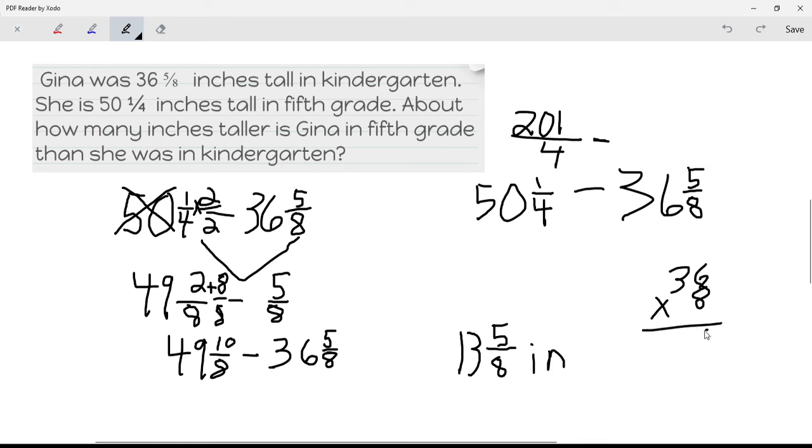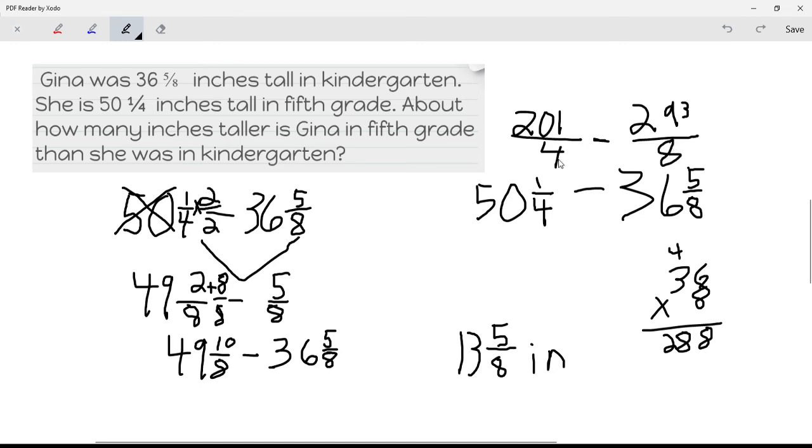I have to do 36 times 8. 8 times 6 is 48. 8 times 3 is 24, plus 4 is 28. So we have 288 plus 5 for what's in the numerator, so that would be 293 eighths.